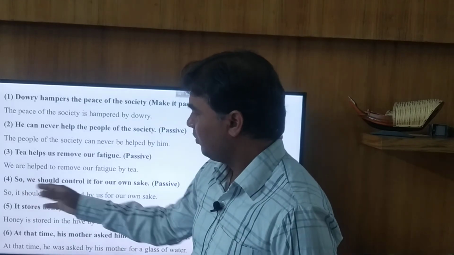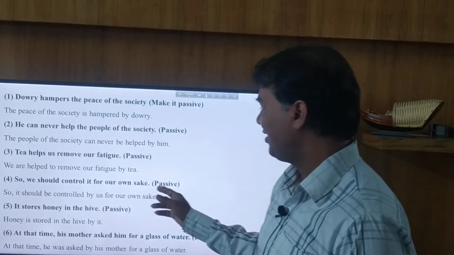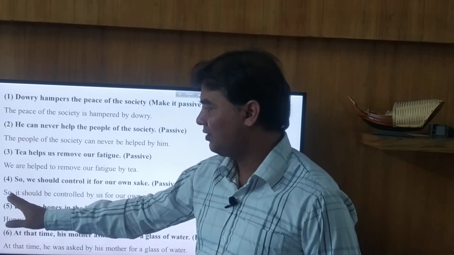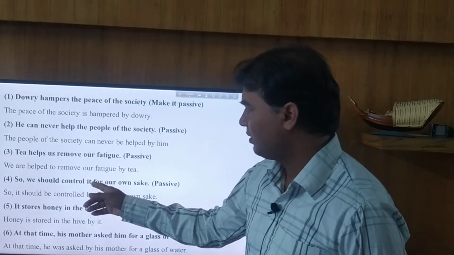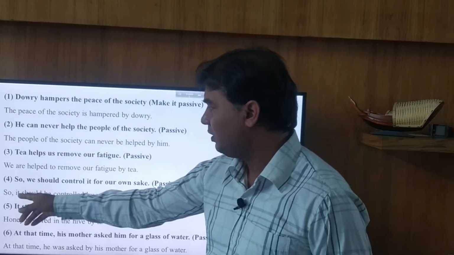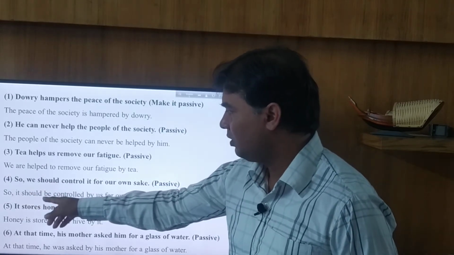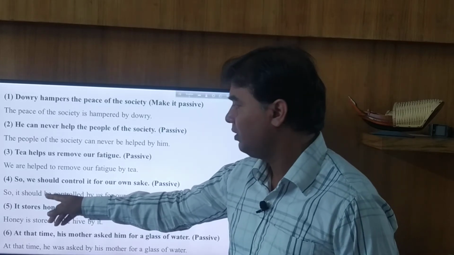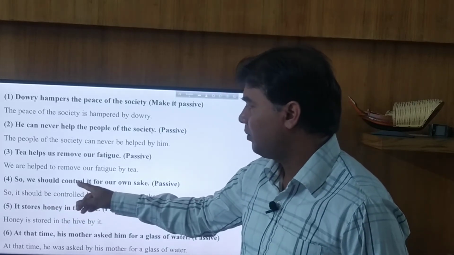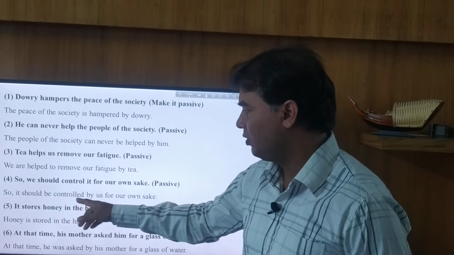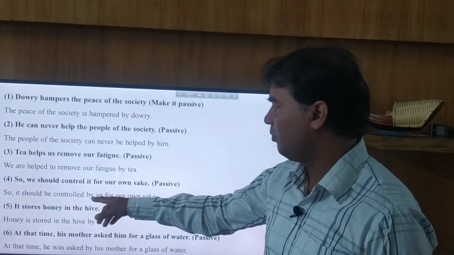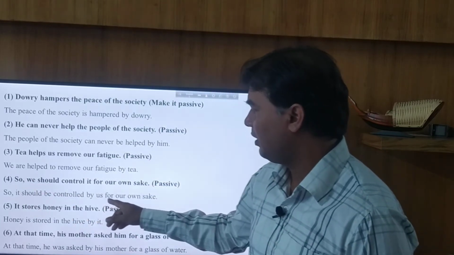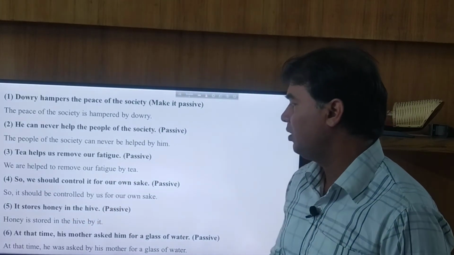Next one: so we should control it for our own sake. Just write it as it is. Then the object it, then should, and because of the modal auxiliary you need to write an extra be, so it should be, then the past participle of the main verb control, controlled, then the preposition by, then the subject we, make it the object us, and then the additional words for our own sake.